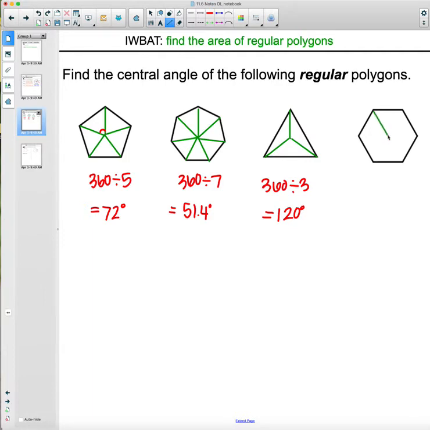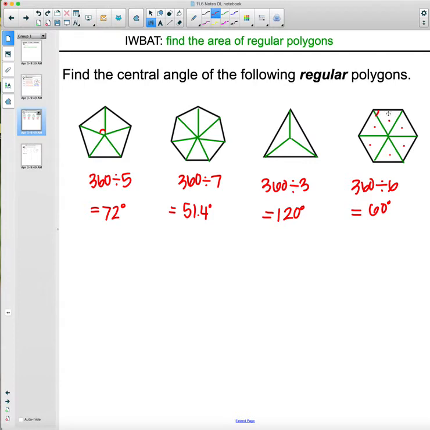A hexagon is 6-sided, so you're going to get 6 of these central angles, and so 360 divided by 6 is 60. And kind of a cool thing with the hexagons is a regular hexagon, when you split it up with all its central angles, every single one of these is an identical triangle, because you get 60-degree angles here.